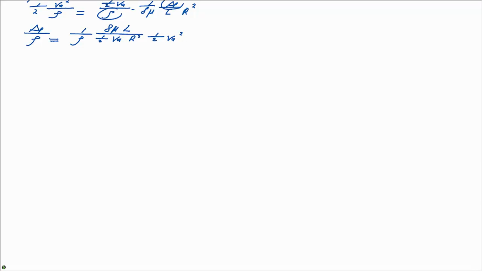Now recall that for a pipe we can rewrite r, the radius, as half times the diameter. So we get a half squared, which is 1/4.